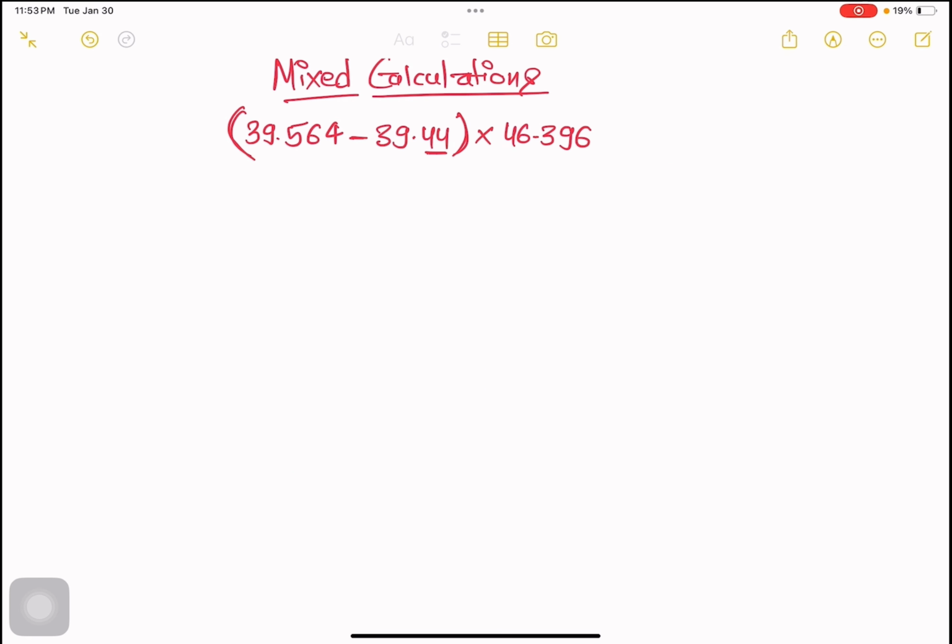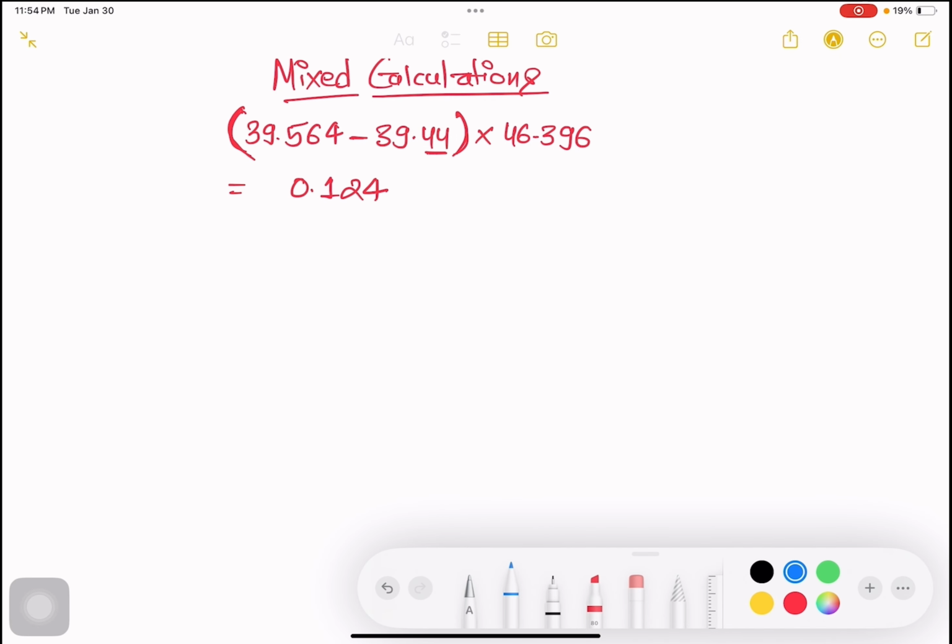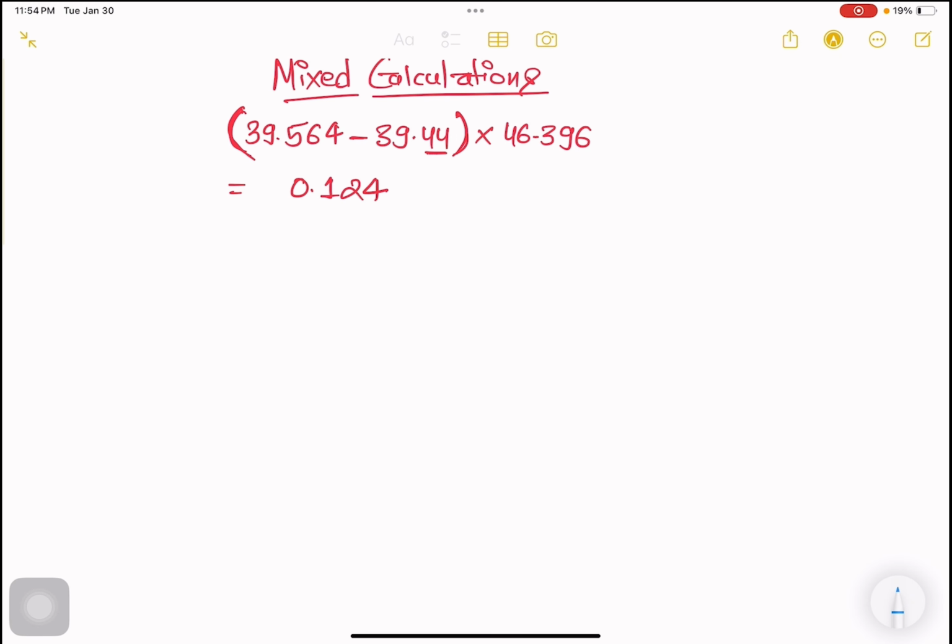For mixed calculations, okay, so it has multiplication and subtraction. I will do whatever is inside the parentheses first. Okay, so when I do this in my calculator, I will get 0.124. But remember the rules for addition and subtraction. Okay, so this one has 3 digits after the decimal point, and this has 2 digits after the decimal point, right?